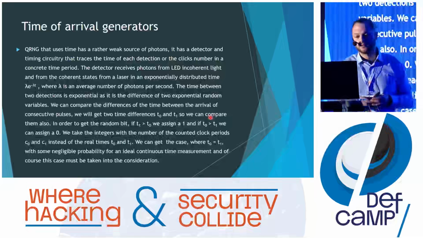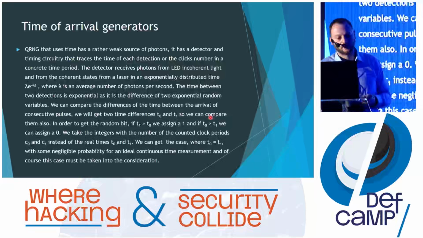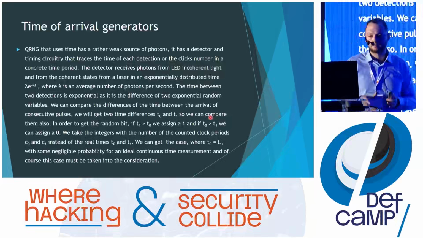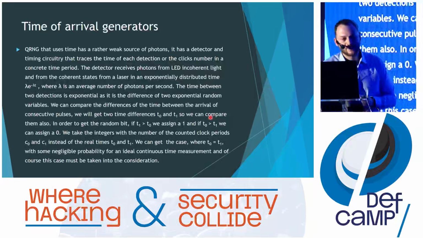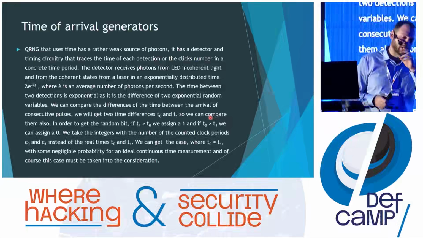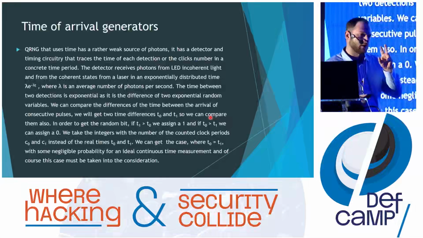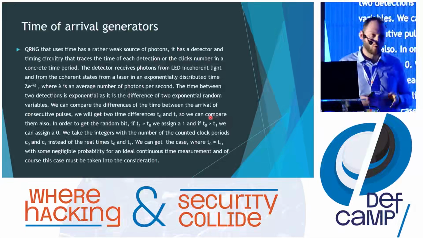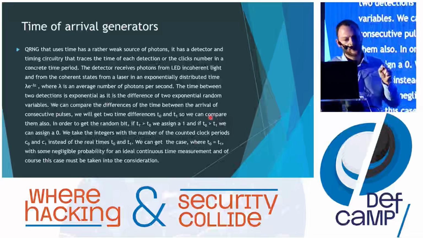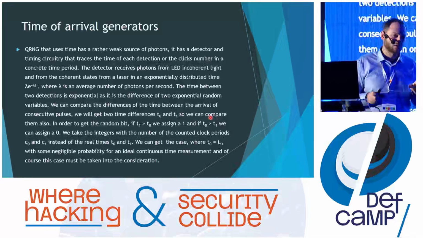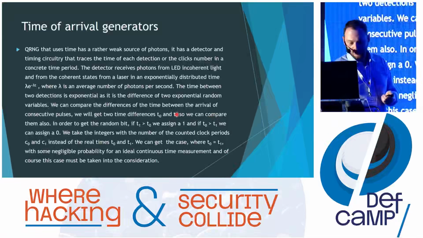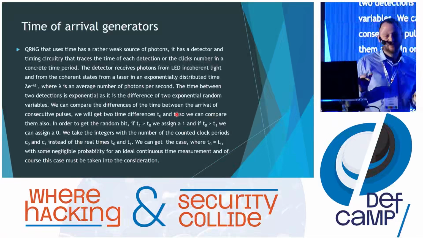The detector receives photons from a laser, from a coherent state, and this time is an exponential value. We are just taking the timing intervals between two pulses. If the first time interval is t0 and the second one is t1, we take the difference.